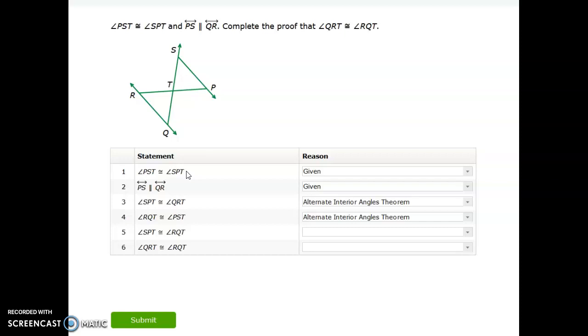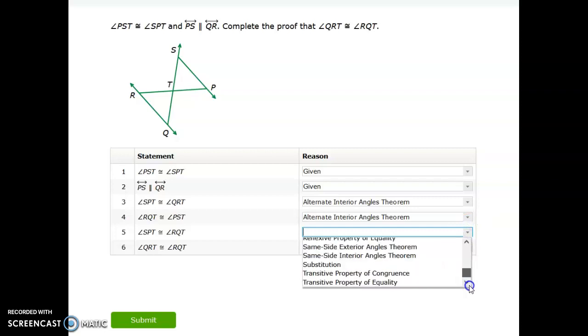So we could use line 1 and line 4, combine those to get line 5. Okay, PST is congruent to SPT, and PST is congruent to RQT, so therefore SPT must be congruent to RQT. And for this one, this is the transitive property of congruence, or we can say substitution. So I'm just going to say substitution for this one.